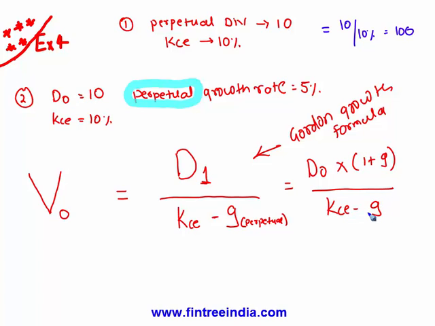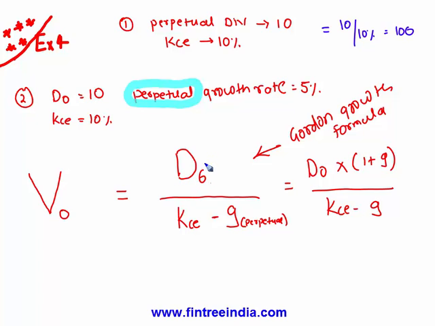Have you written down the formula? Now this formula you can modify the way you like. For example, if the perpetual growth is starting from year 6, that means the first perpetual dividend we are going to get is in year 6, isn't it? Year 6 onwards the perpetual growth started.